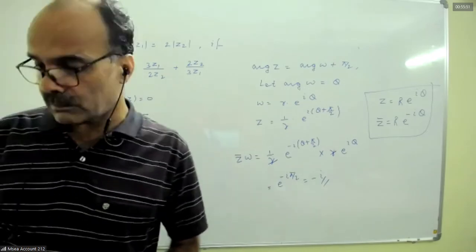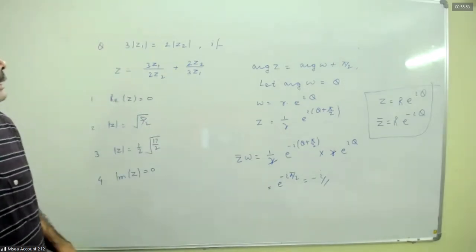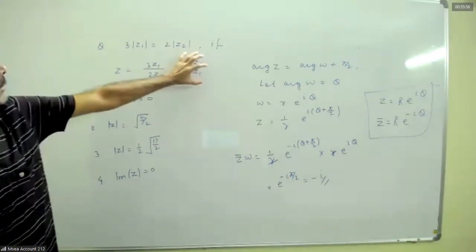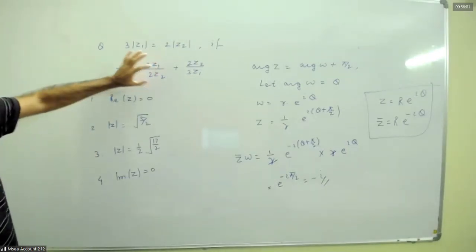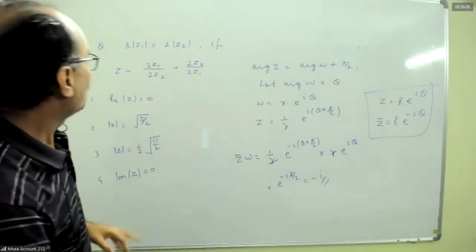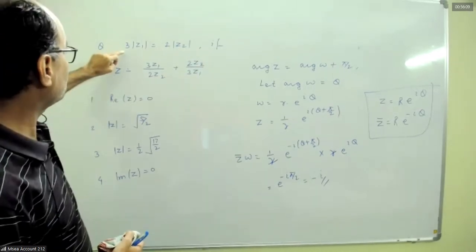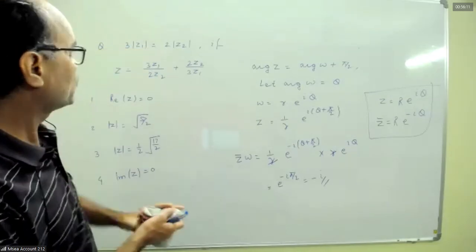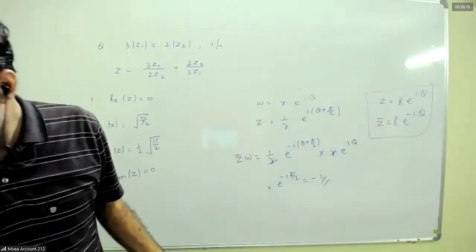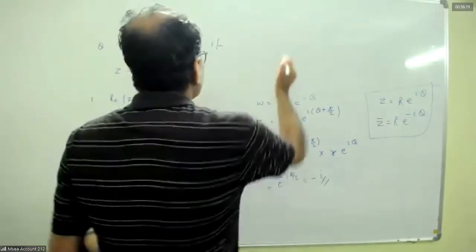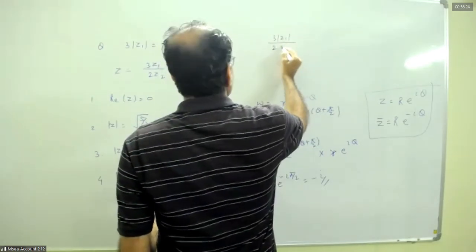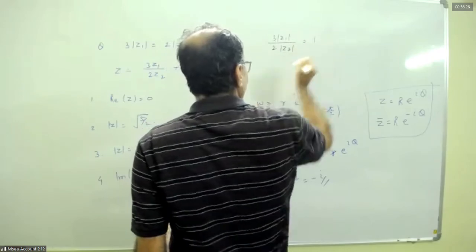Just I will give you a hint. See, if this is Z, this will be 1 by Z, isn't it? Suppose this is W, this is 1 by W. And if you convert it in that form, 3 mod Z1 by twice mod Z2 equals how much? 1.